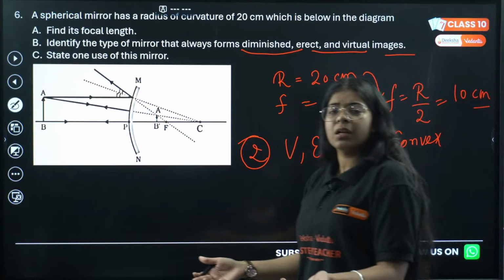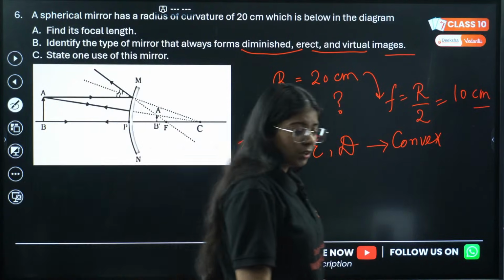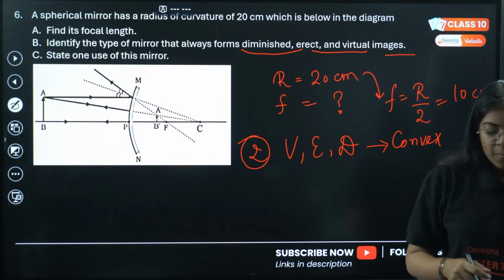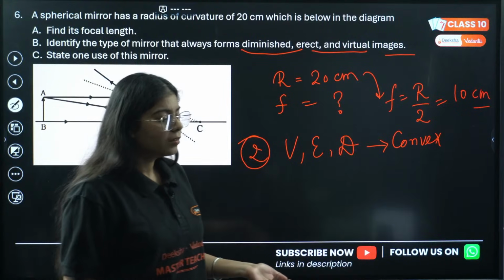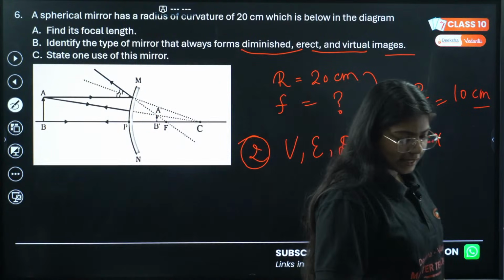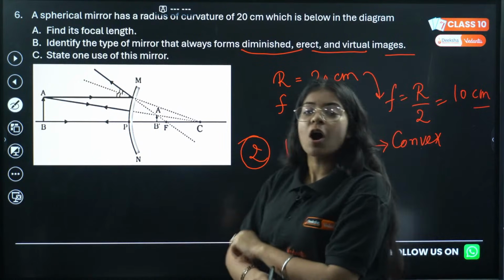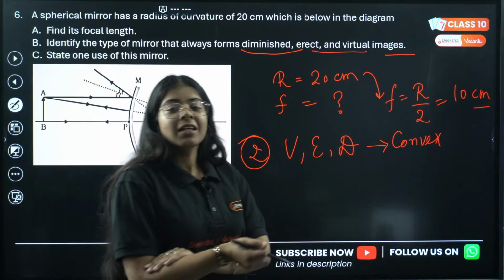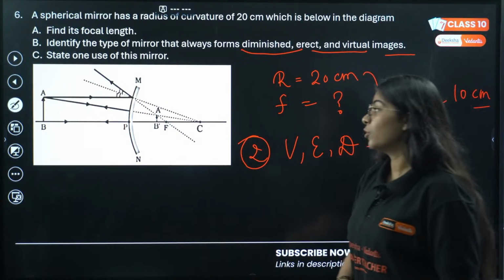So why will a dentist want to see your small teeth even smaller? Convex mirror we use for rear view, yes, side mirrors. For convex mirror, I have also made a short for you guys explaining why it is used for rear view images.